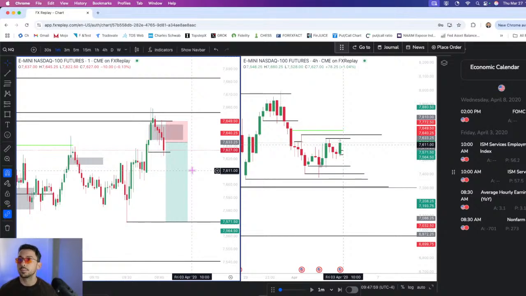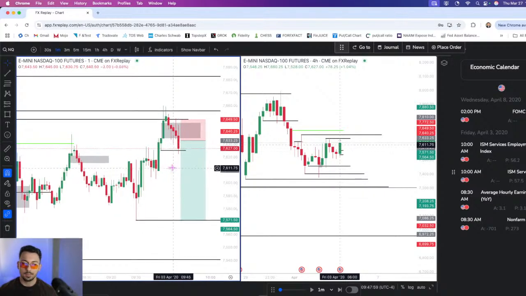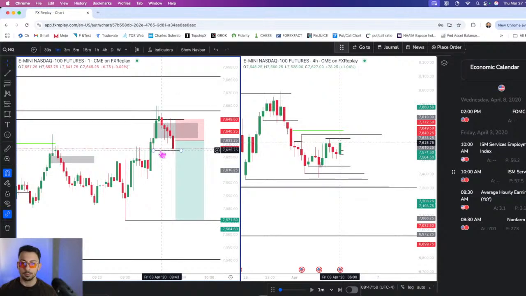It hit the stop to break even before the candle closed. Correct. But why is that? Why is that a bad thing? Like, why is this my stop to break even?